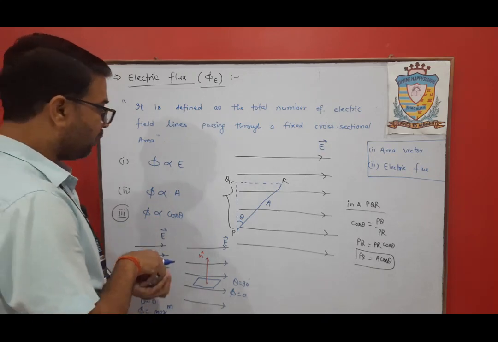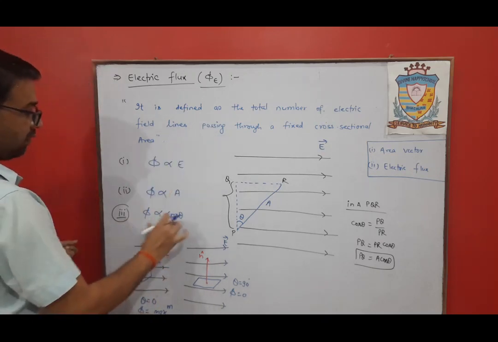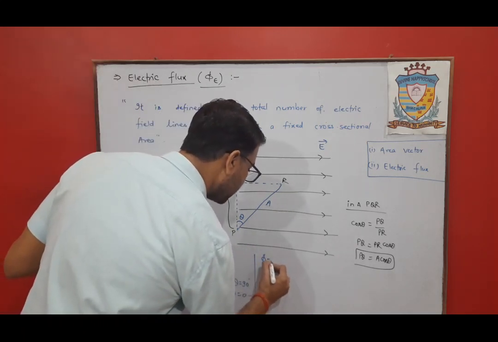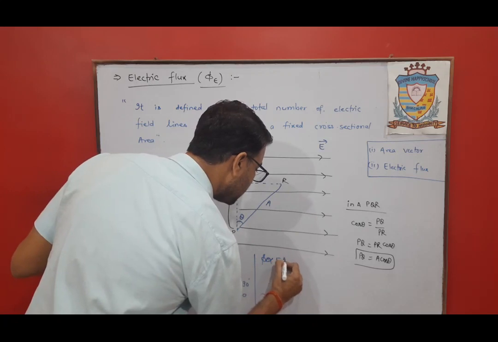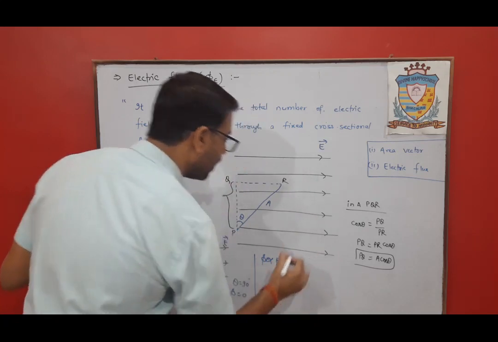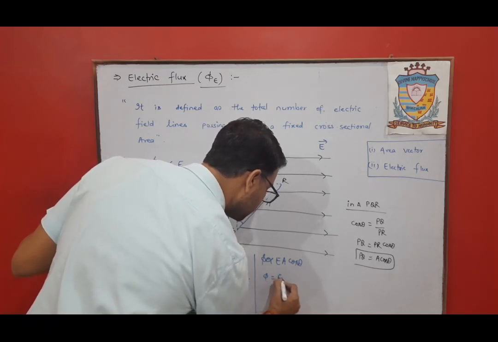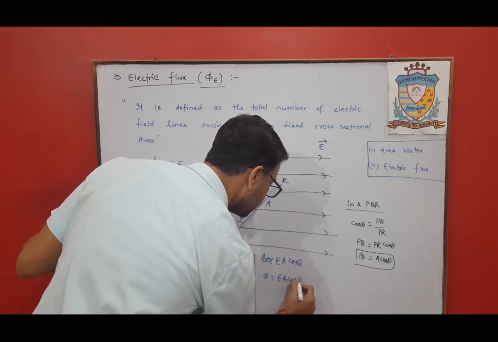If you combine these, phi is proportional to EA cos theta, and if we take the proportionality constant as 1, phi equals EA cos theta.